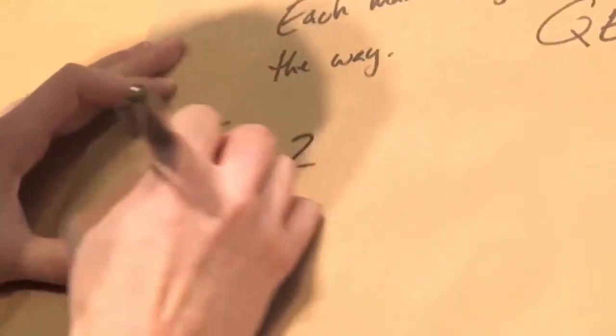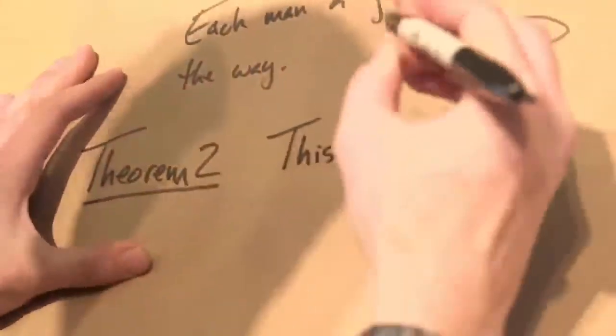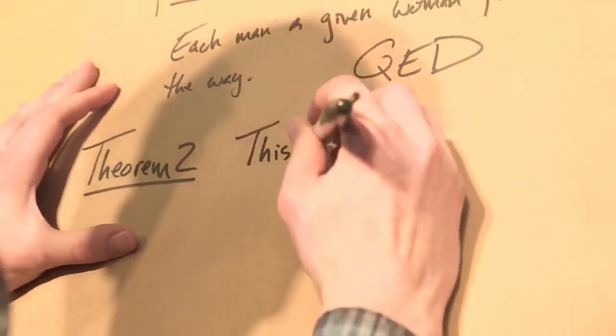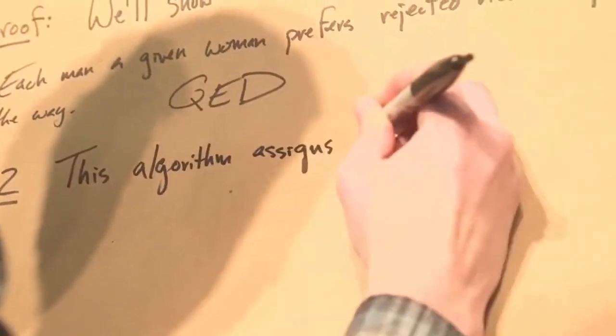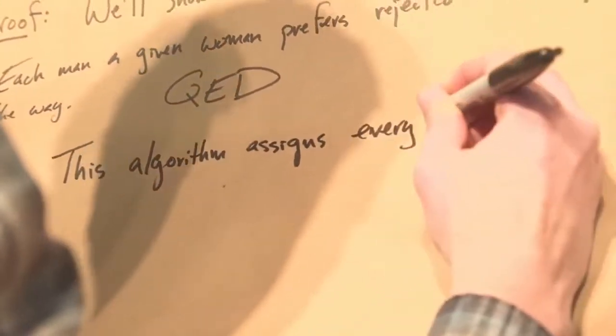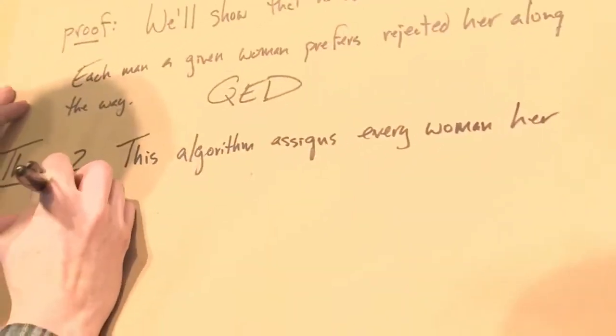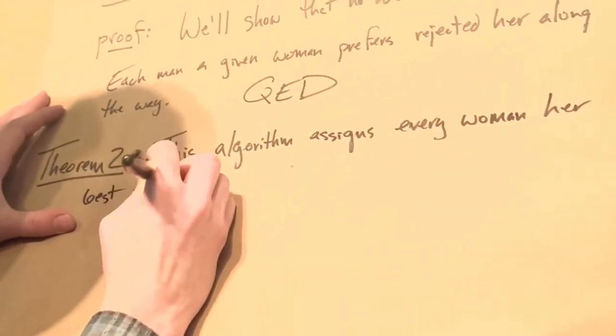Now we can state the second theorem. The algorithm due to Gale and Shapley that I just described assigns every woman simultaneously her best possible husband.